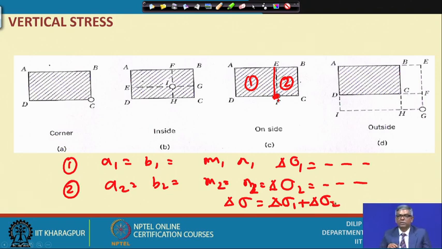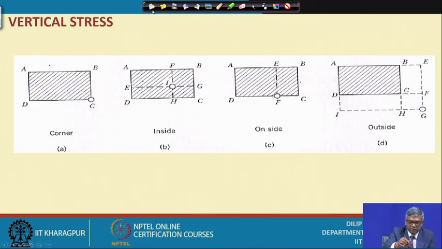Now, I will consider another point. You can see this is the case where I have to find out pressure at a point which is outside the loading area. In that case, again similar to that, through this point I will draw a number of lines parallel to the sides.